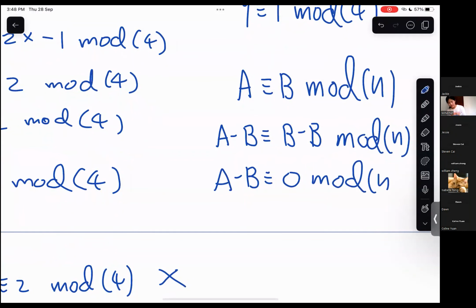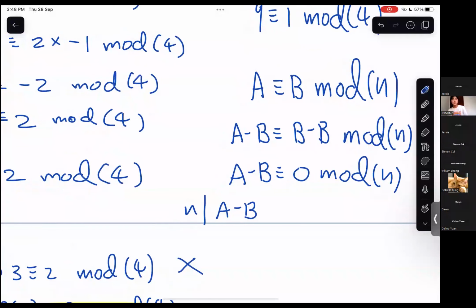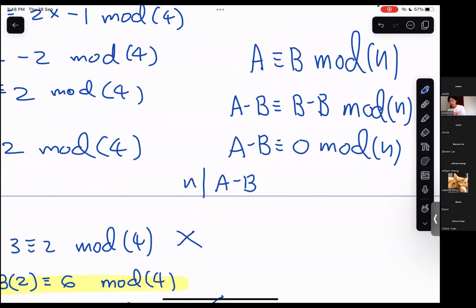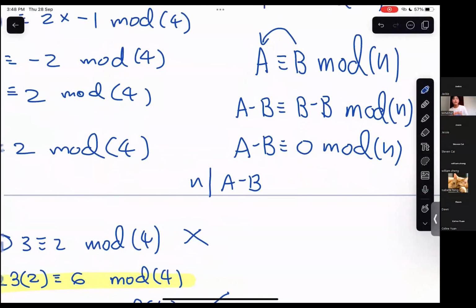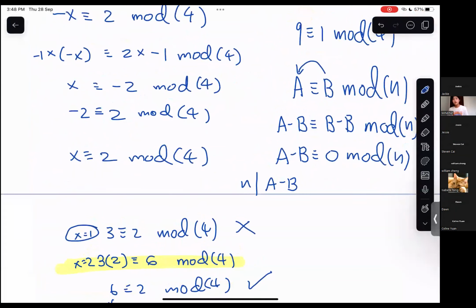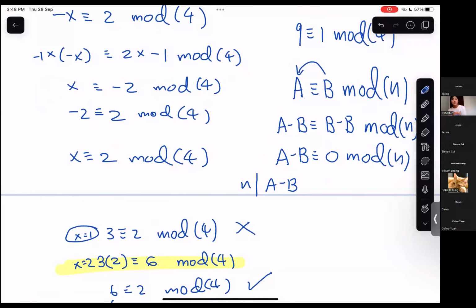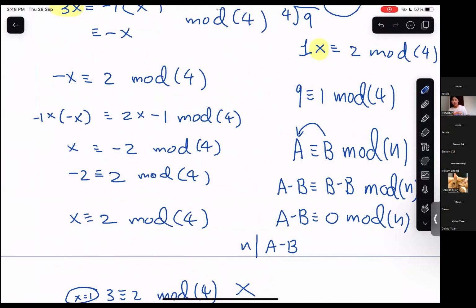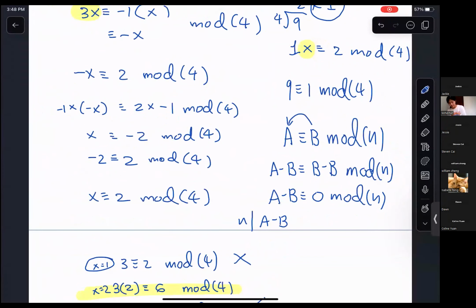Well, this has to mean that n divides into a minus b, right? So as long as we can subtract one side from the other side and the result we get is divisible by n, or the modulo system we're under, then the equivalence should be true, right? And in this case, 9 minus 1 is 8. 8 is divisible by 4, so it should be true as well.